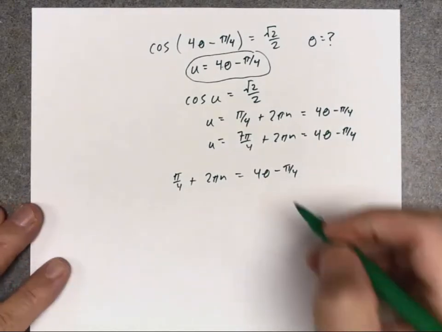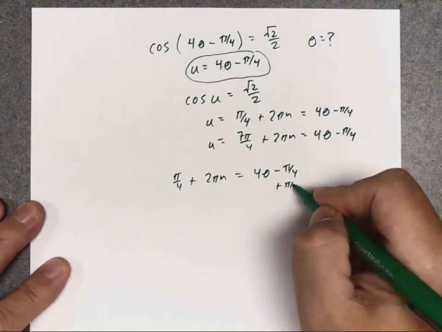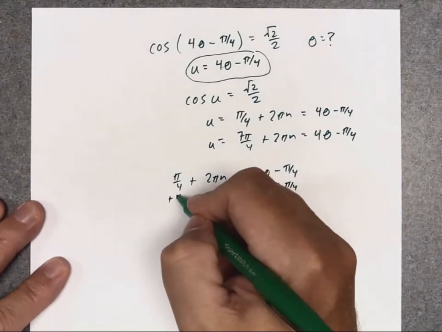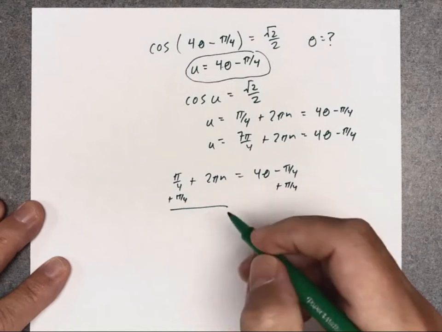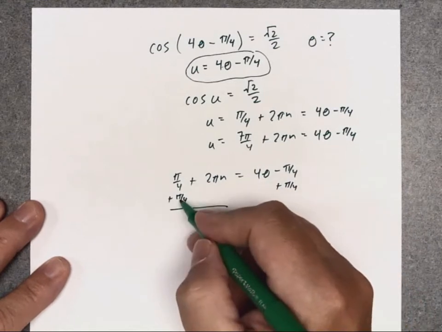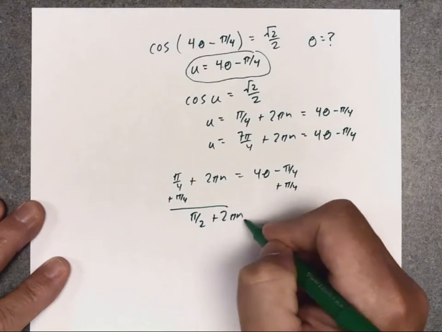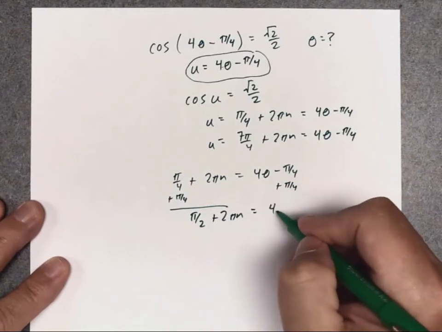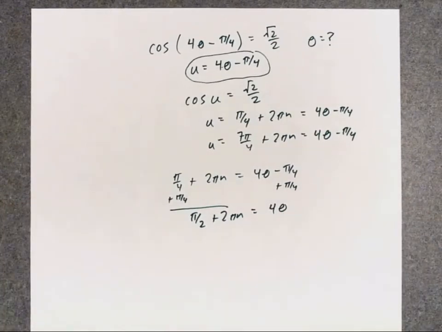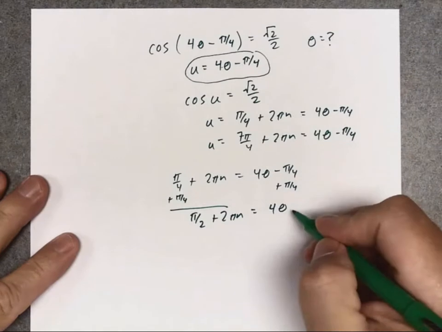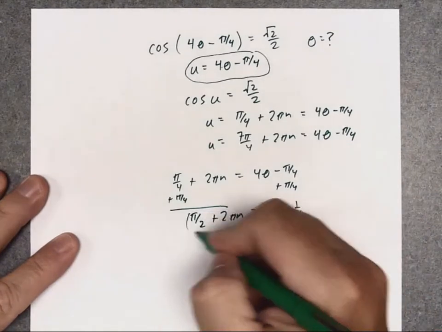So if I solve for theta, I'm going to add pi over 4 to both sides. Pi over 4 plus pi over 4 ends up being pi over 2, plus 2 pi n equals 4 theta. Now if I divide both sides by 4, or multiply everything on both sides by 1/4, it's the same effect.